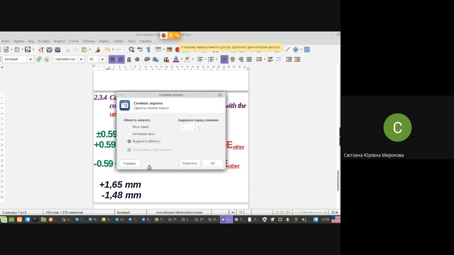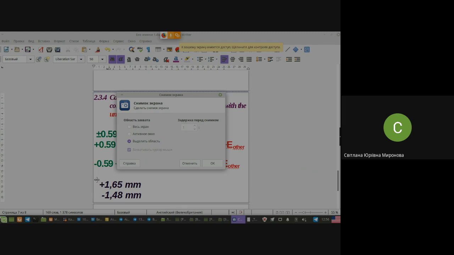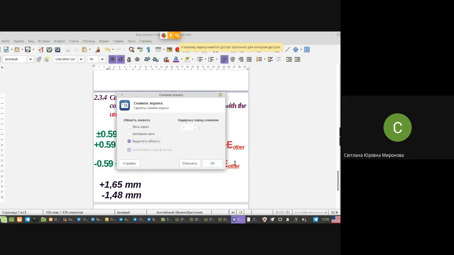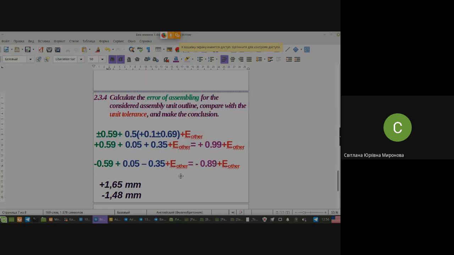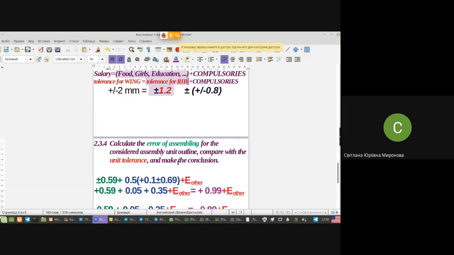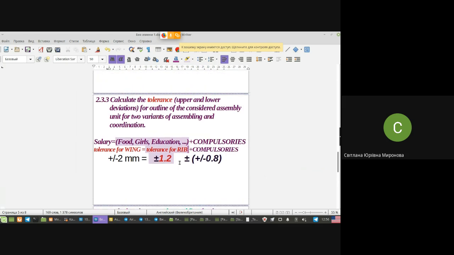Print screen. Okay. Look, here is the place where we have calculated tolerance.